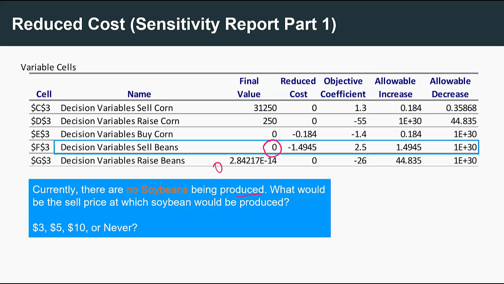What would be the selling price at which soybean would be produced? Would be produced means that it's greater than 0. So is it 3, 5, 10, or maybe never? Let's look at this. I just explained to you that if it increased by $1, by $2, then what's going to happen?